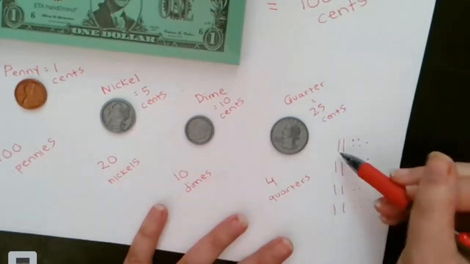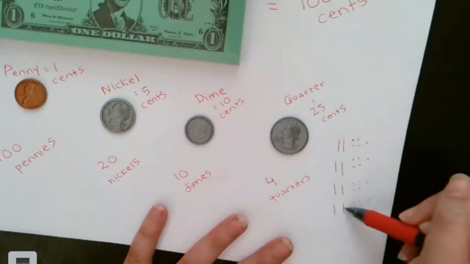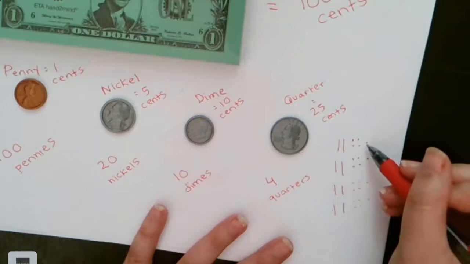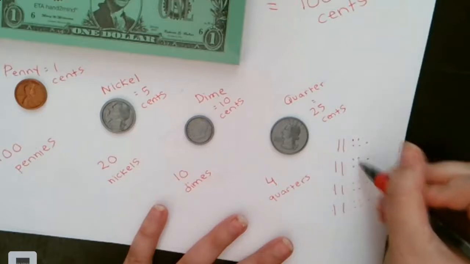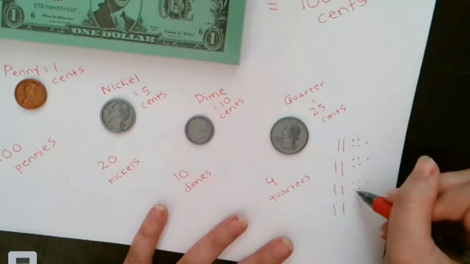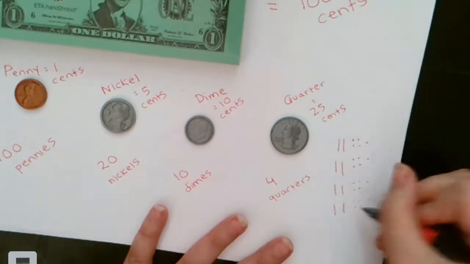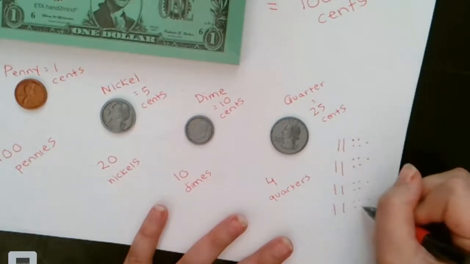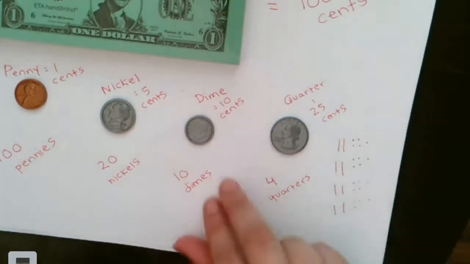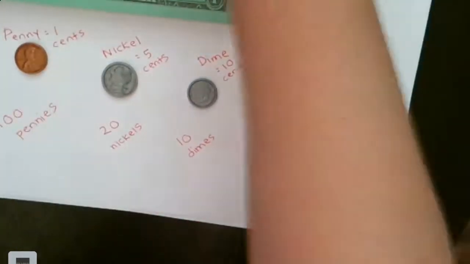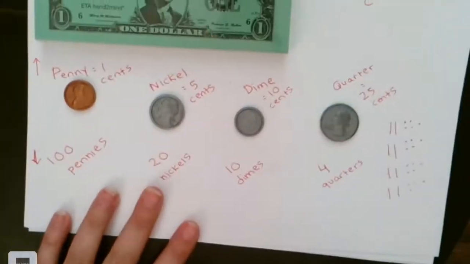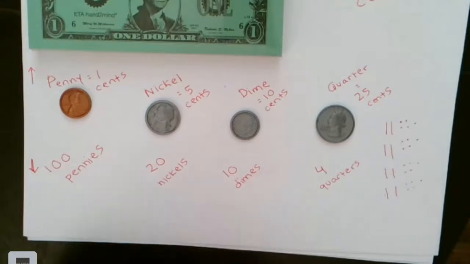And then we can count our tens, 10, 20, 30, 40, 50, 60, 70, 80, 81, 82, 83, 84, 85, 86, 87, 88, 89, 90, 91, 92, 93, 94, 95, 96, 97, 98, 99, 100 cents. So that is how we make $1 out of all of these different coins.